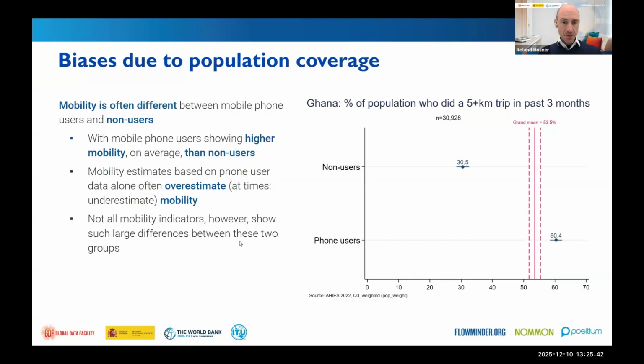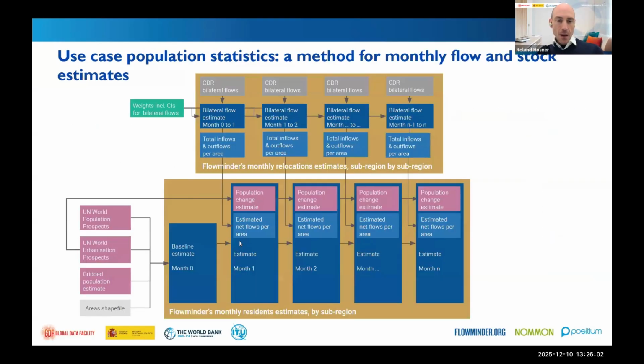In some cases, they're positive but smaller. And then ultimately, the question is how much remaining bias are you willing to allow for an output statistic? But we do know that this mobility differential exists.